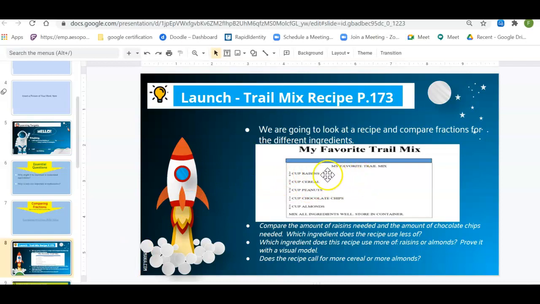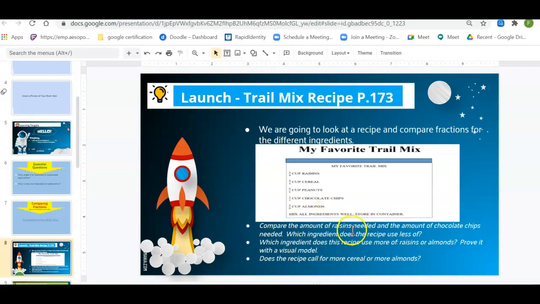And let's look at the ingredients for my favorite trail mix. 1/8 cup of raisins, 3/4 cup of cereal, 3/6 cup of peanuts, 1/2 cup chocolate chips, 2/8 cups of almonds. Mix all ingredients well, store in container.